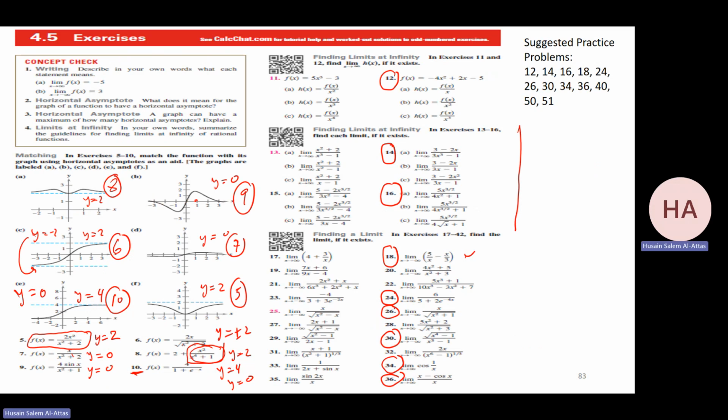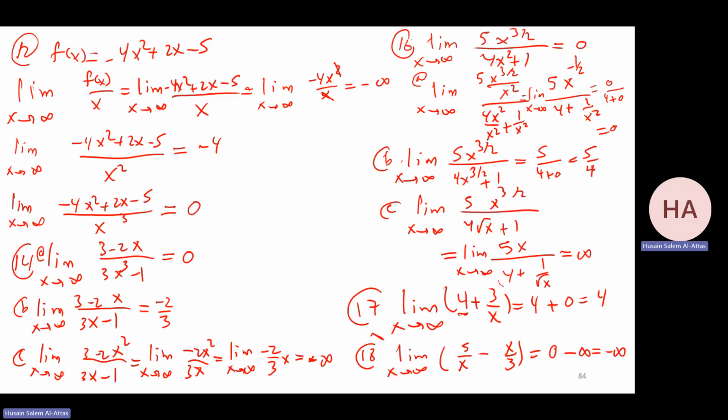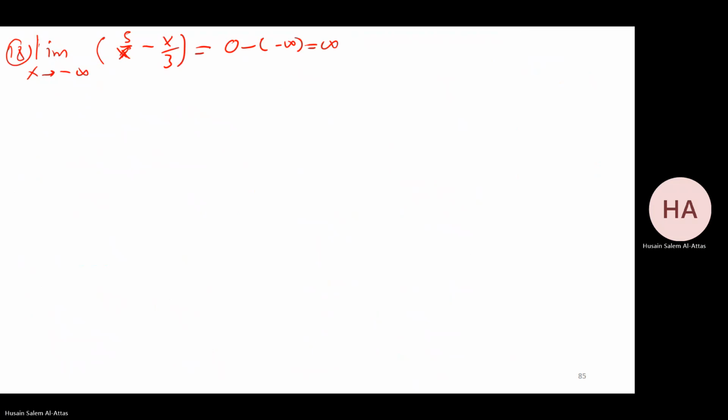Now we did 17 and 18. I'll do 23. X goes to minus infinity. Limit as x goes to minus infinity of minus 4 over 3 plus 3 to the minus 2x. If you apply the infinity, you have what?